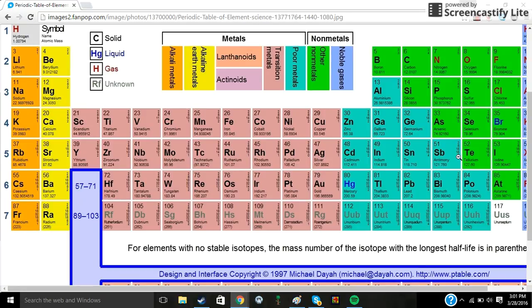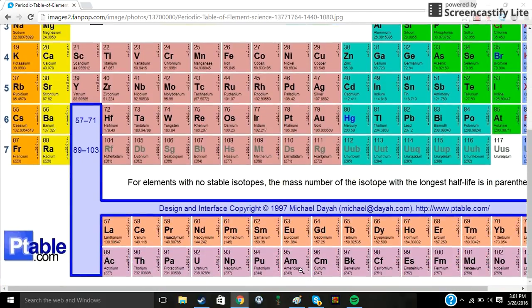So this is all color coded. The color black is for a solid, the color blue is for a liquid, the color red is for a gas, and the color green or grayish is for we do not know the state of matter.